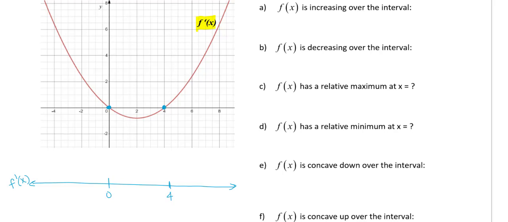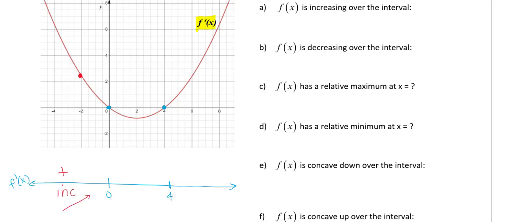And then I also notice that to the left of 0, so let's say x equals -1, -2, -3, etc., all of my first derivative values there are positive, which means if I put in -2 into the first derivative, I get a positive value out. So I label on my first derivative number line test a positive, which means my original function there is increasing, and I will draw an arrow showing that.